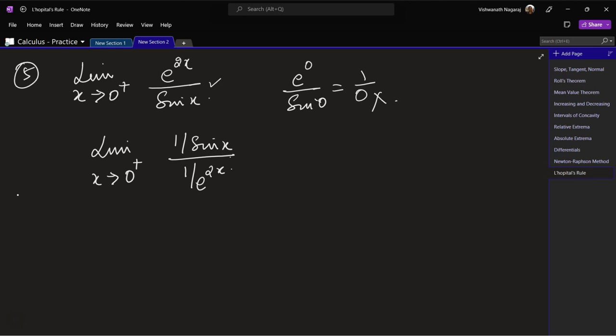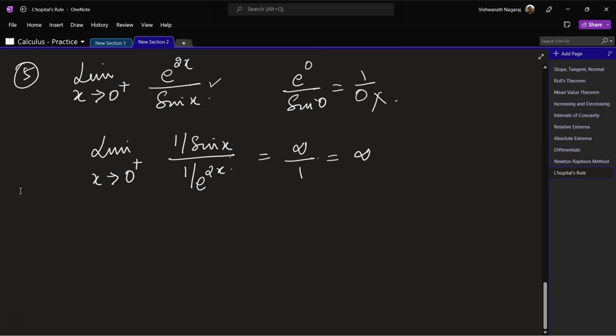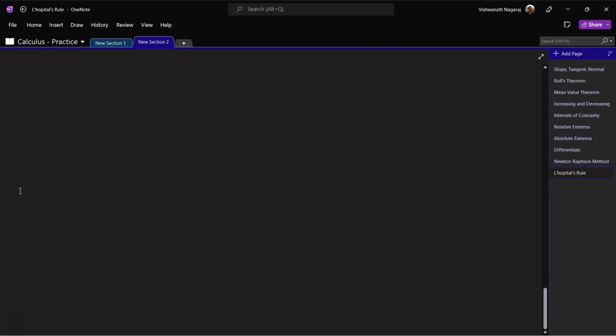So now, when we take the limit, what do we get? 1 by 0 gives infinity, and 1 by e to the power of 2x will take us to 1, which means the limit is infinity. So here if you notice, did we really apply L'Hopital's rule? No. But we still arrived at the limit using some other method.